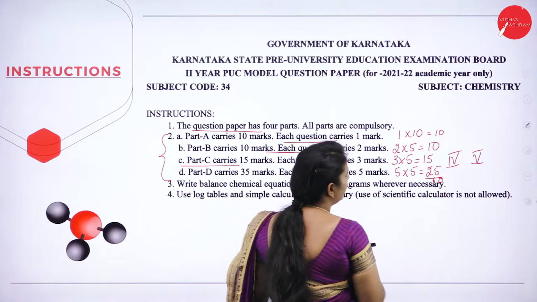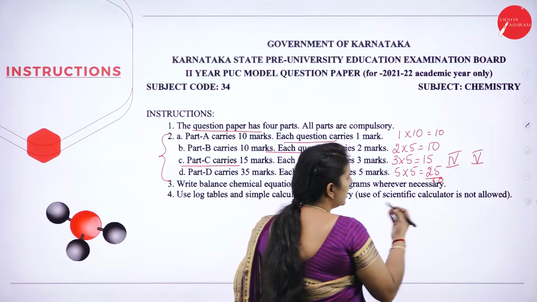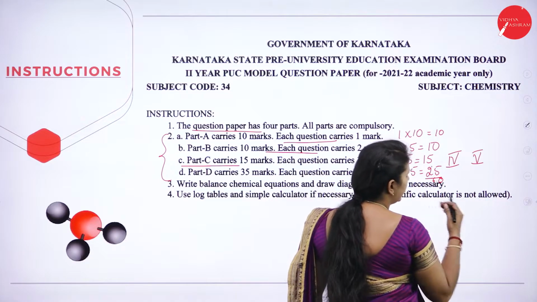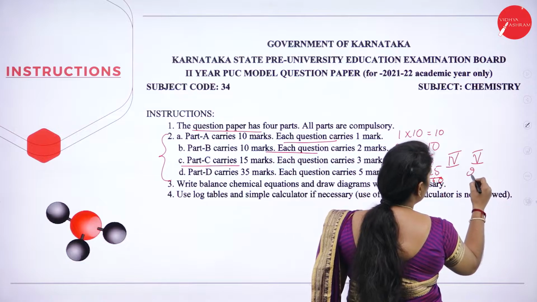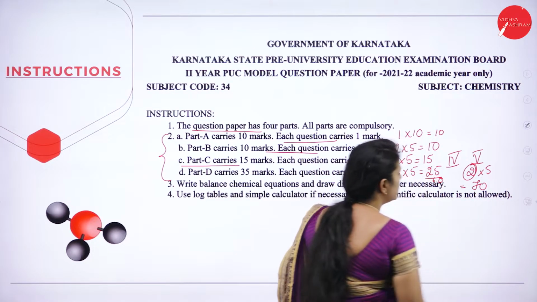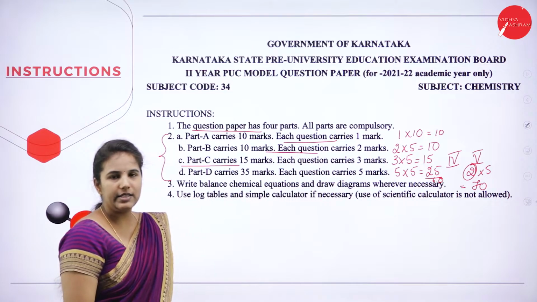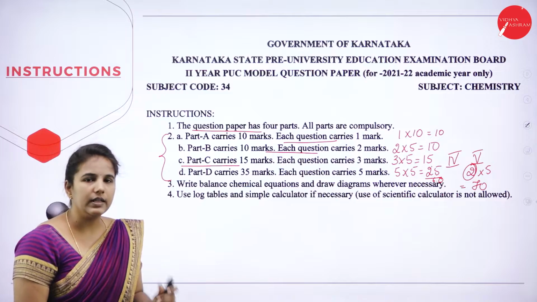That is, in the 4th main, you are going to attend only 5 questions which carry 25 marks. Again in part D, the 5th main, you are going to attend only 2 questions which carry 5 marks. So the total is 70. So you can easily get 70 on 70 in your second PUC chemistry.